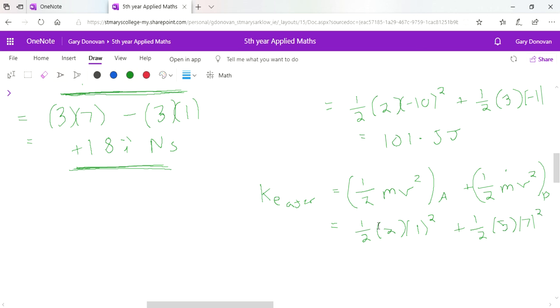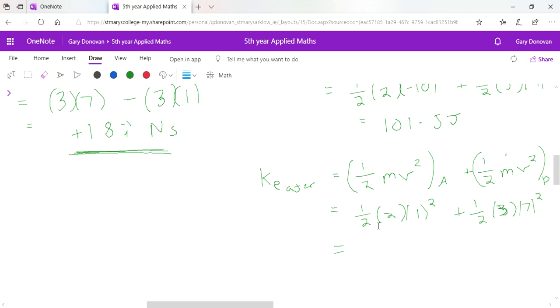I know this pen isn't working very well, but you can listen as I go along and hopefully it makes sense. And when you type that into your calculator, you should get 74.5 joules.